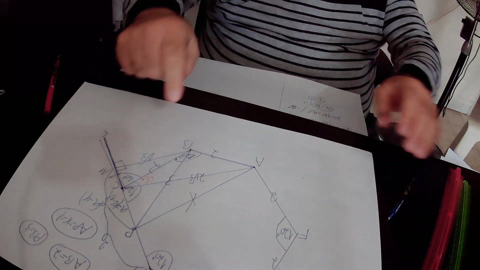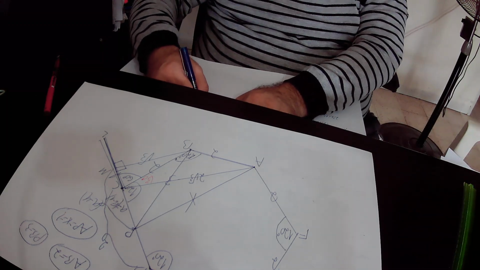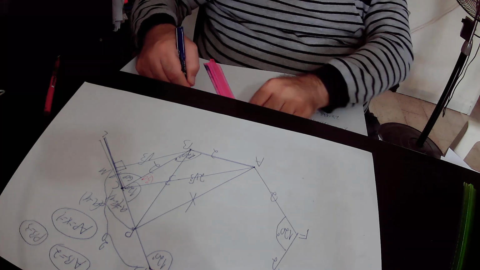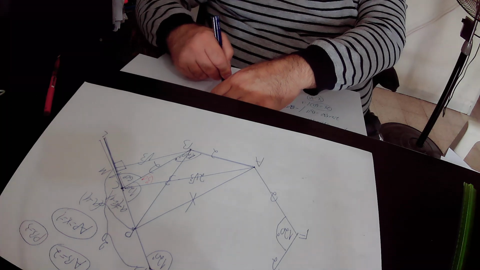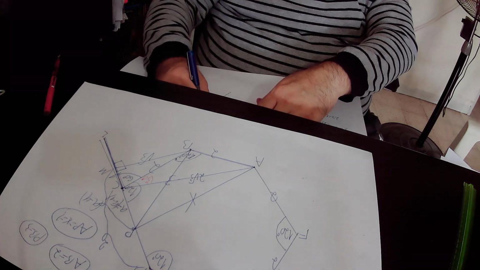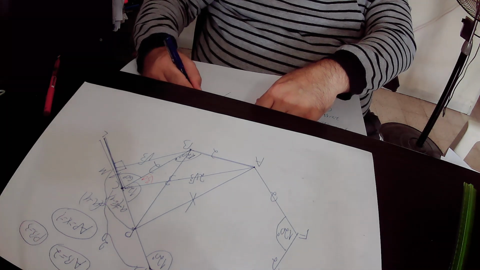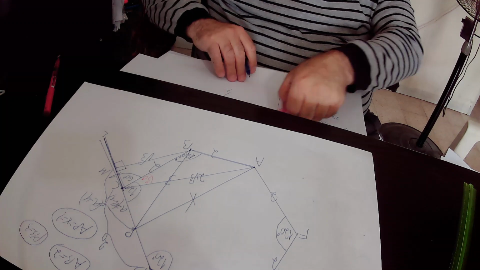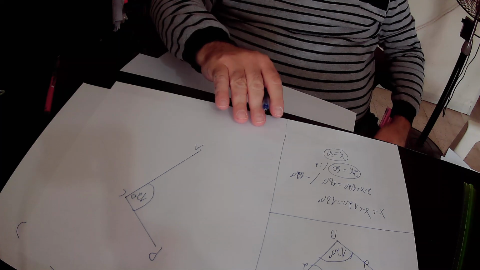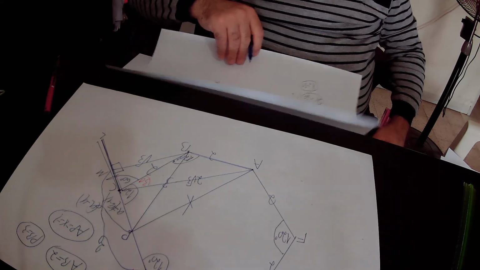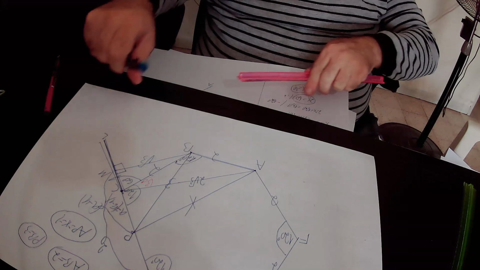This angle is equal to 120 degrees. This is the big angle, angle PCB, that is equal to 120 degrees. This small angle equals 30 degrees.